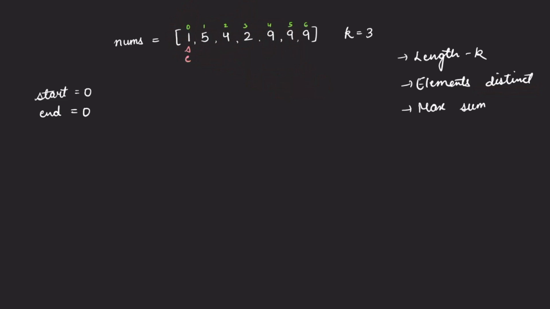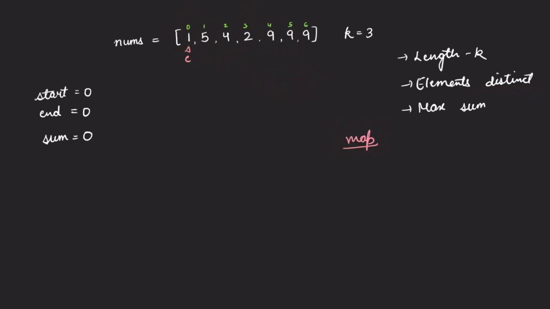Now you will see what the current element is. It is 1, right? Now let us suppose we have a map here. This one right now is not present in the map. That means this one can be considered in our subarray, right? So we will take a variable sum, which will initially be 0.